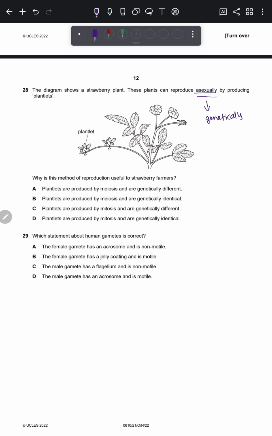So I think we can eliminate these options, genetically different. And if they are genetically identical, it would have to be by mitosis, because meiosis produces gametes, which creates variation. So it should be D.